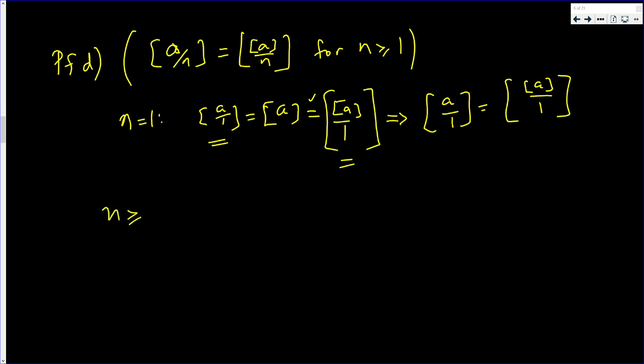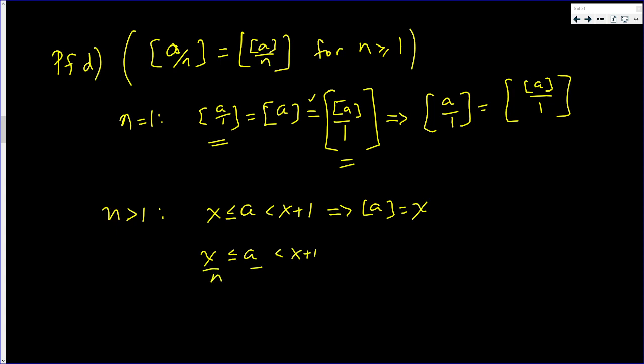Okay. Now, suppose n is bigger than 1. N's an integer, but it is bigger than 1. Okay. So we know that a is in between x and x plus 1 for some integer x. Well, that implies that the greatest integer of a is x. Okay. Now, let me just write this down again.